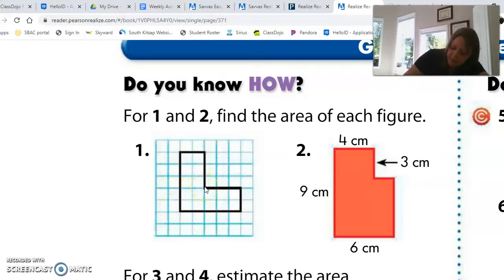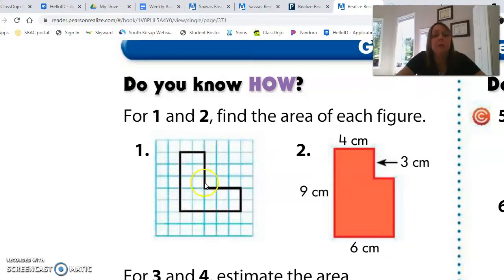Now, when I write it, I'm going to write area equals, and I'm going to put my equation in parentheses. So I have 1, 2 across the top, 2 times 1, 2, 3. And that 2 times 3 is in parentheses with a plus sign.